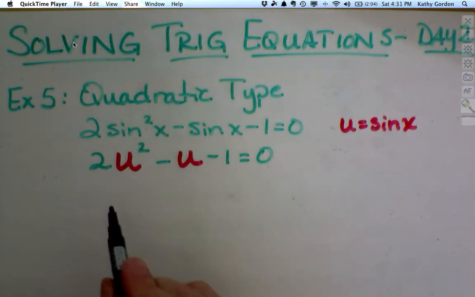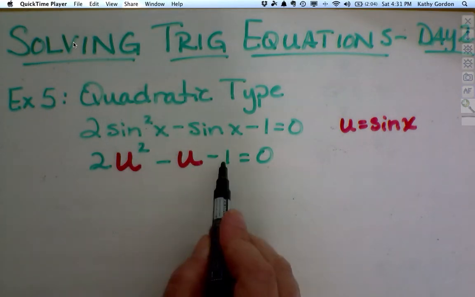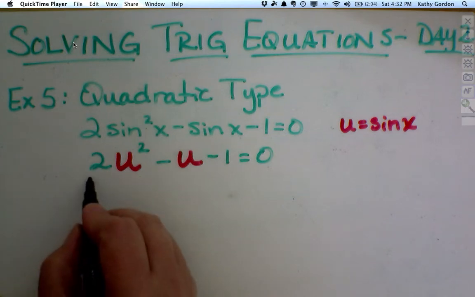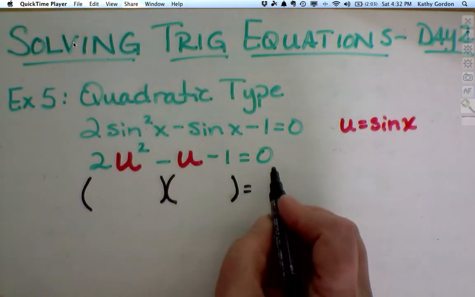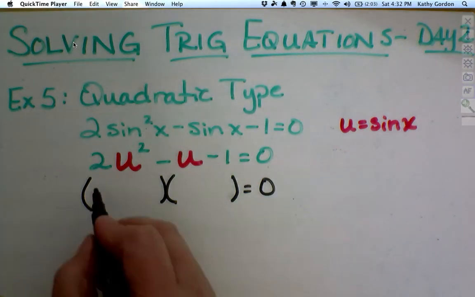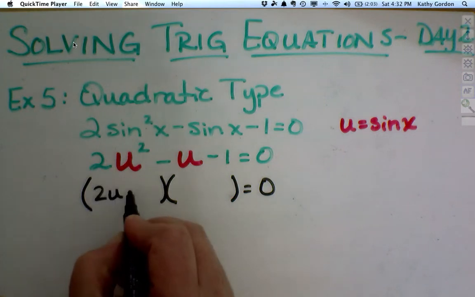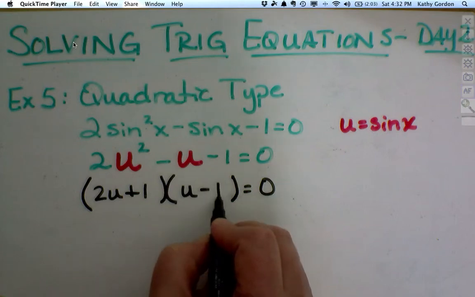So, what are the factors of 2u squared minus u minus 1? Hopefully you remember our techniques from the quadratics chapter back at the beginning of the year. We should get 2u plus 1 and u minus 1.